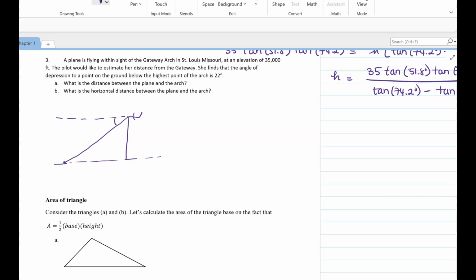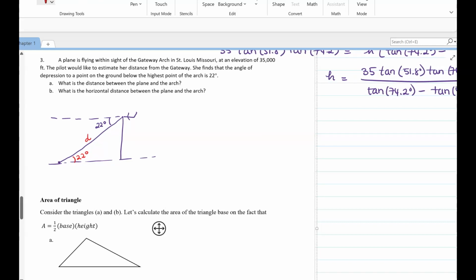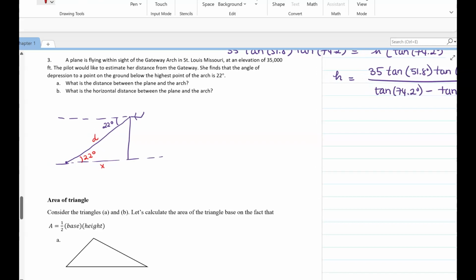This meant that this angle here is 22 degrees as well. We want to find this distance in part A, and we want to find the horizontal distance in part B. We are given that the plane is at the elevation of 35,000 feet.